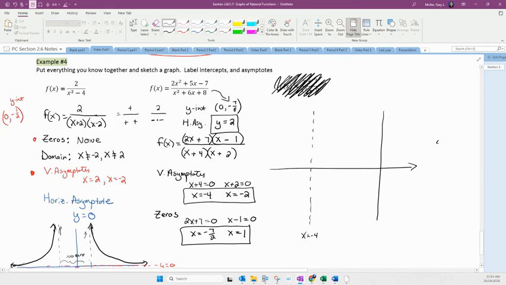All right, so there's my y-axis. Okay, and then negative 2 we'll say is right here. Okay, did those. Horizontal asymptote, it's going to be at positive 2. Label it.